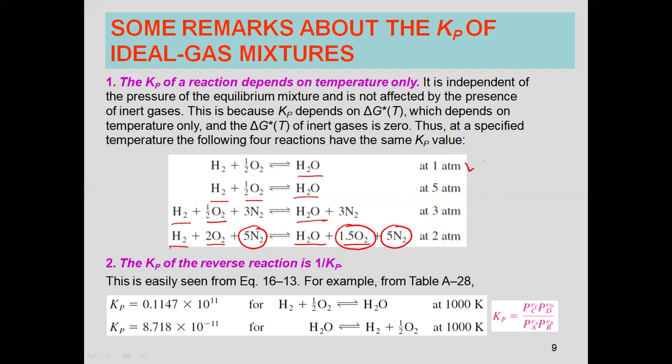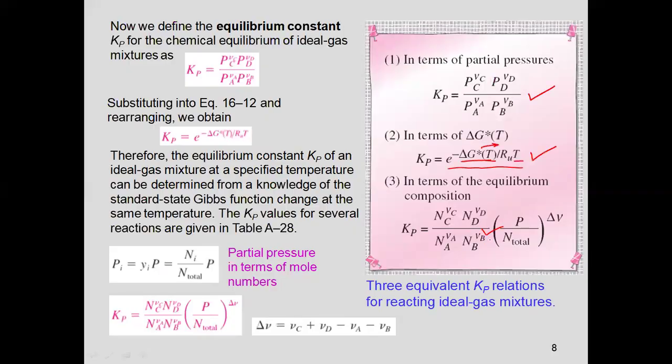Now also one thing we have seen is that the pressure, that is the mixture pressure, will not affect the value of the equilibrium constant. Now one point may be coming in your mind: Kp is dependent on the partial pressure. Again, partial pressure means what?